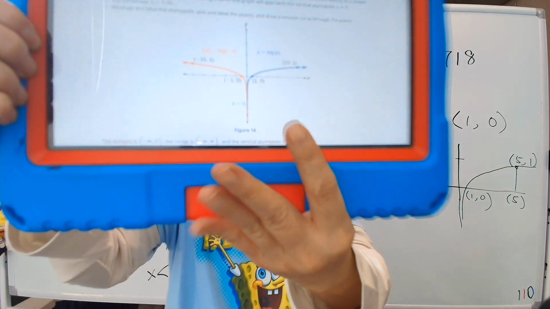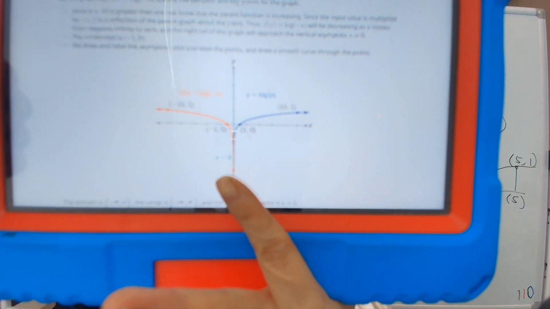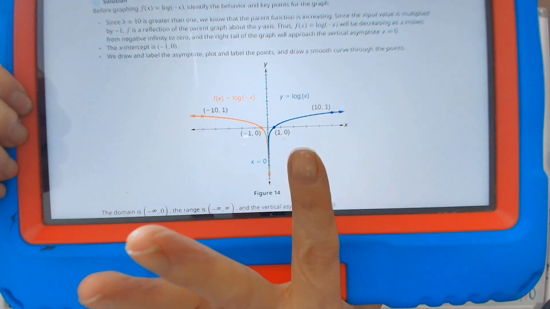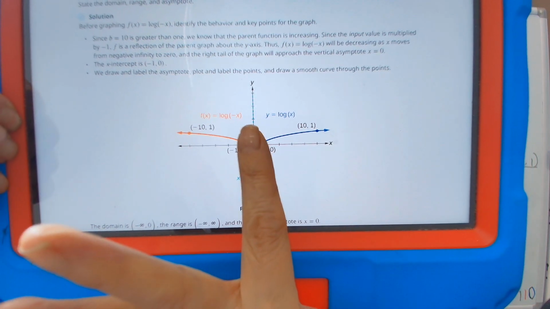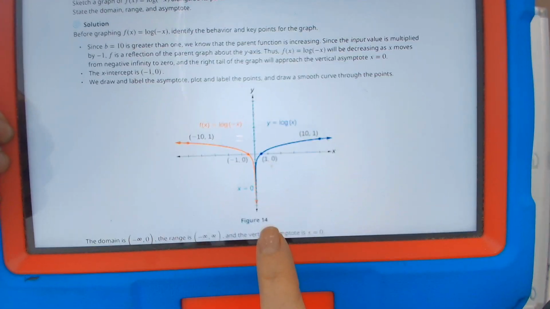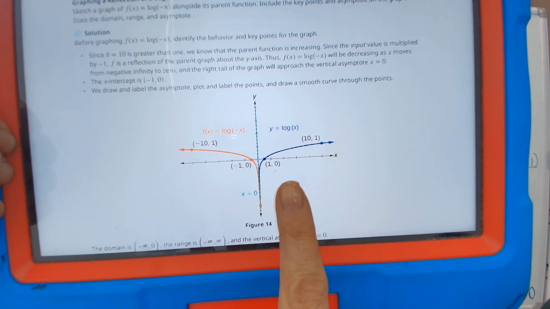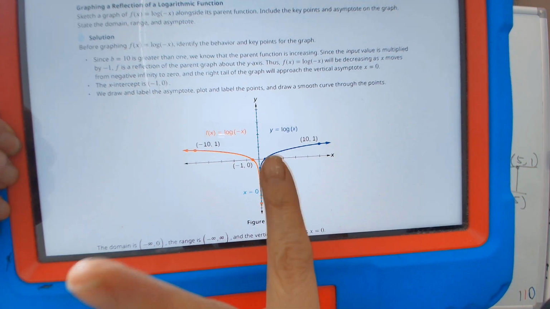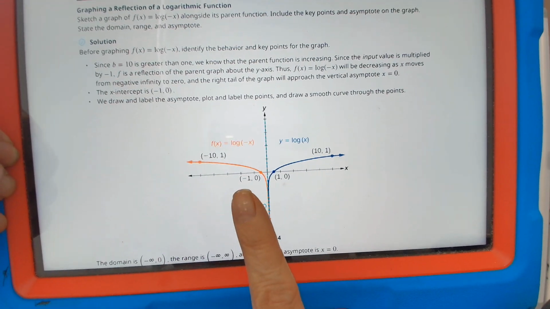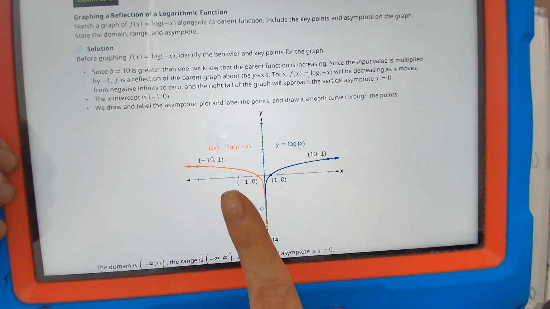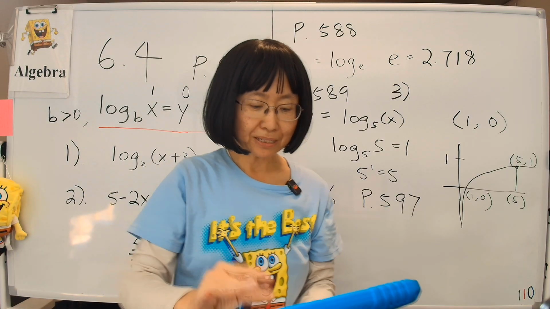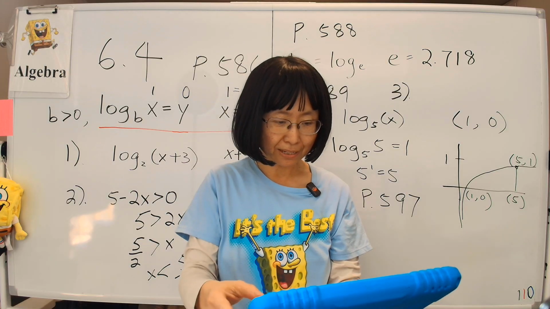Being that the negative sign is right next to x itself, you're reflecting with the y-axis as the mirror. You imagine the mirror image of that, because -1 is the new 1, basically. So please do that yourself, and let's look at the next page.